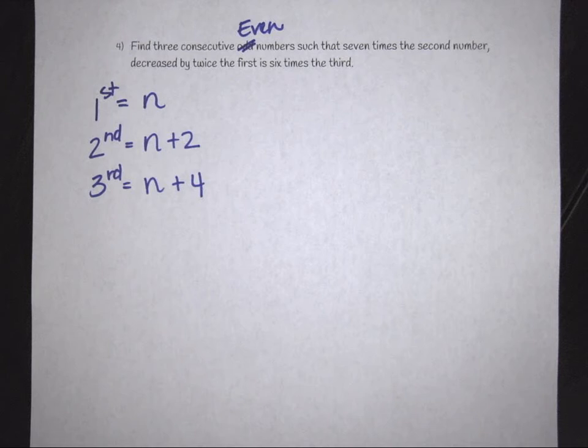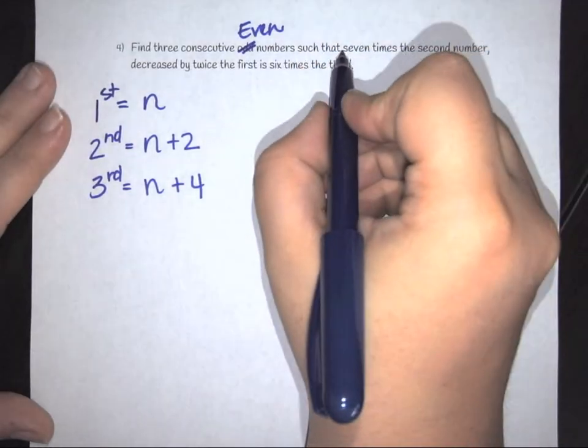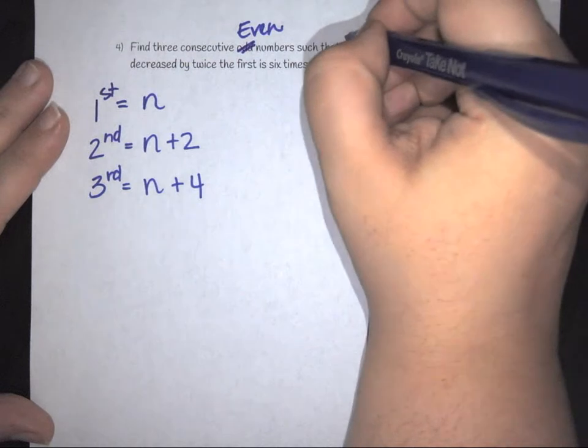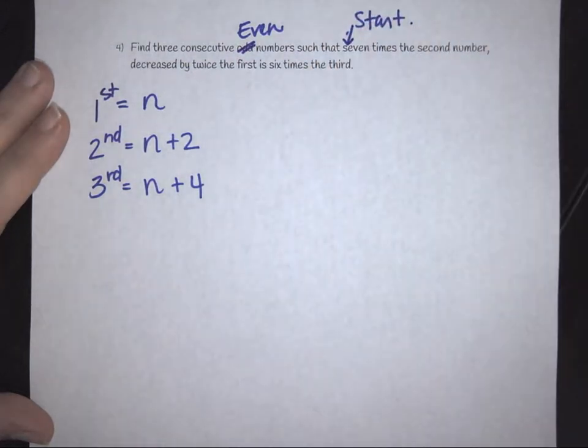Now, I have to translate my English sentence. My English sentence starts right here. So this is where I'm going to start, and I have to translate from this part forward. I have 7 times the second number.